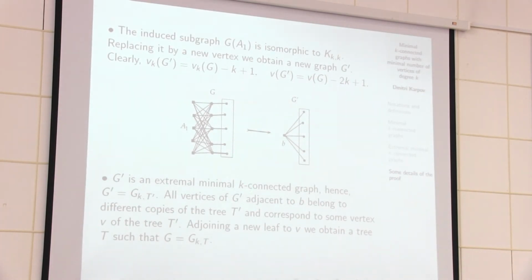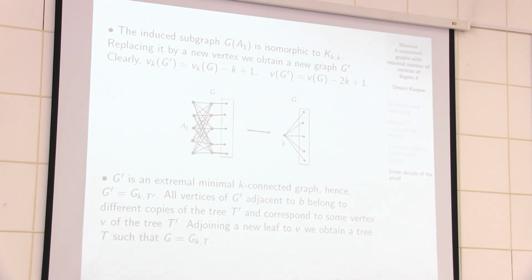In the opposite direction, we find such a construction. It is the end of our graph. It is the terminal component, and we substitute this complete subgraph with a vertex B of degree k. It is easy to show that if this is an extremal graph, this is too. We can count its vertices of degree k and all its vertices. And it satisfies our equality.